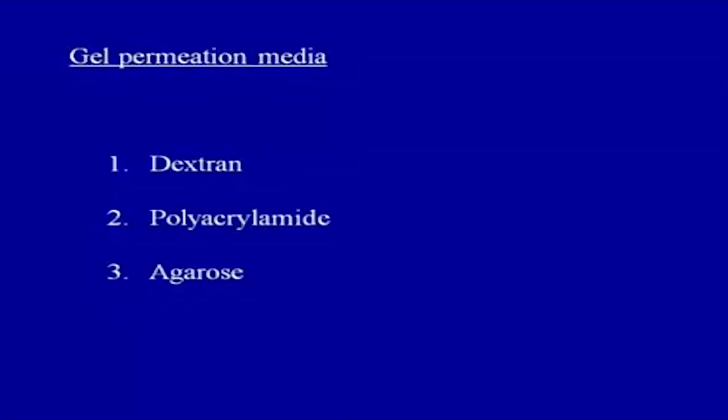There are a lot of different kinds of media or gel material which are utilized. If you could recall, we have discussed this, but as we go along in terms of gel filtration, a lot of different support media or gels are available. Dextran is a homopolysaccharide of glucose residues, and it is prepared with various degrees of cross linking to control pore size.